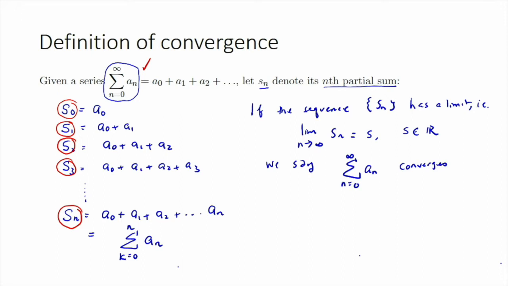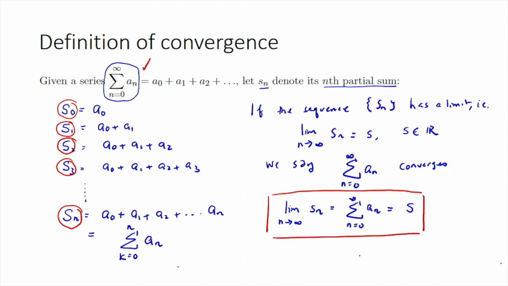And we say the sum is equal to S. So we write this all down. The limit as n approaches infinity of Sn is the sum to infinity of the series, and this is equal to S. So this is what we mean by the sum of an infinite series. It means the limit of the sequence of partial sums.